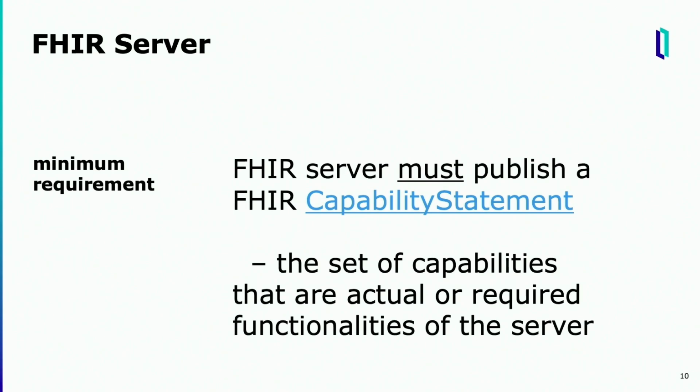The only thing that a FHIR server must do is publish a FHIR capability statement. A FHIR capability statement is a machine-readable statement of what this server does. So what release of FHIR is it? Is it release 4? Is it release 5? And so forth. What profiles can this server validate against?